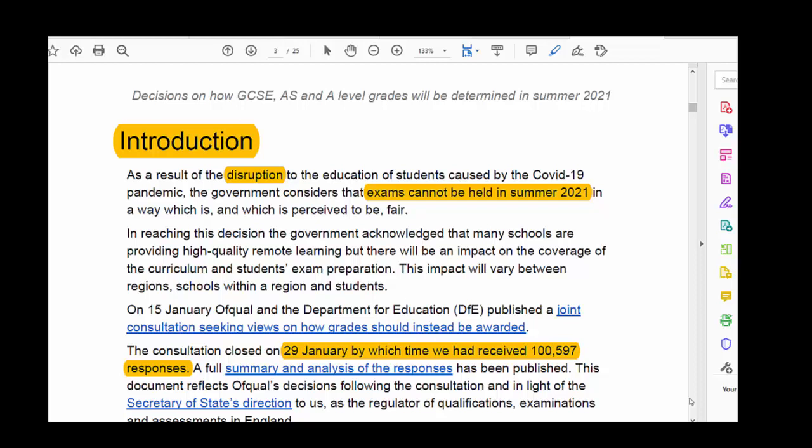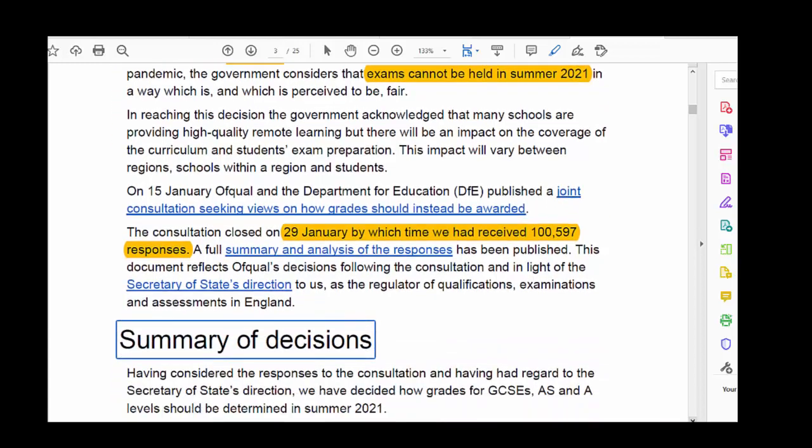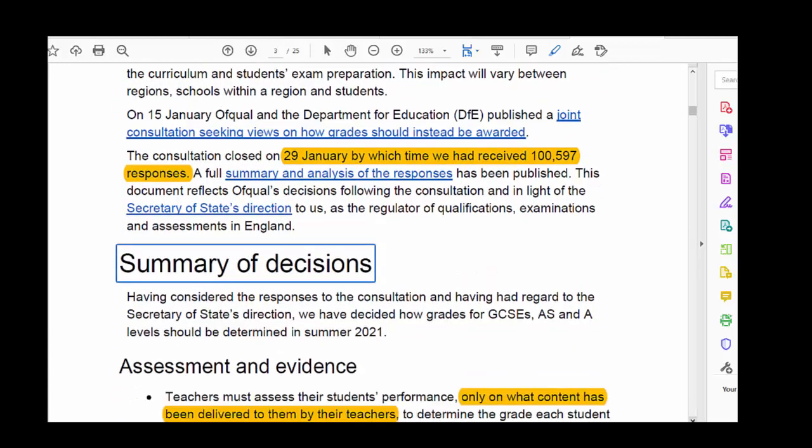You may have submitted some information for this, and as a result of all of that, they have produced this document which is outlining the next steps. So I'm going to provide a short summary of all of this.